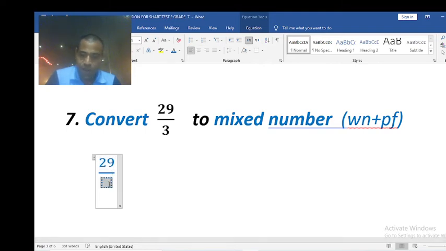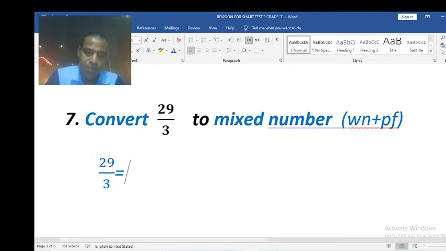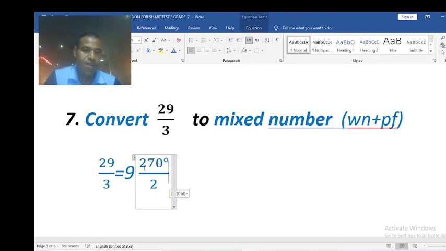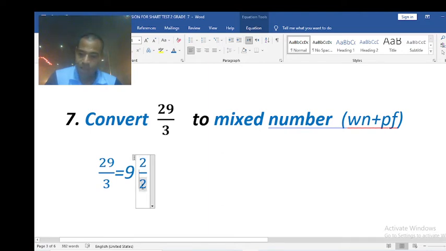How many groups of 3 are there in 29? 7 times 3 is 21, 8 times 3 is 24, and 9 times 3 is 27. So 29 minus 27, the remainder is 2. So I'll write 9, and I will write the remainder as 2 over what? Over the divisor, over 3.